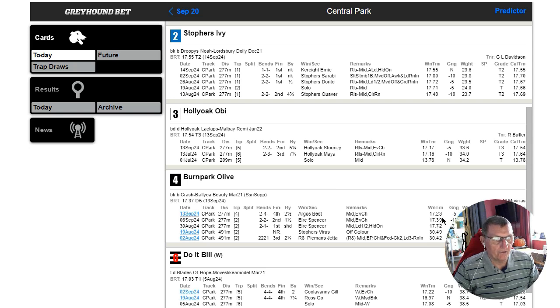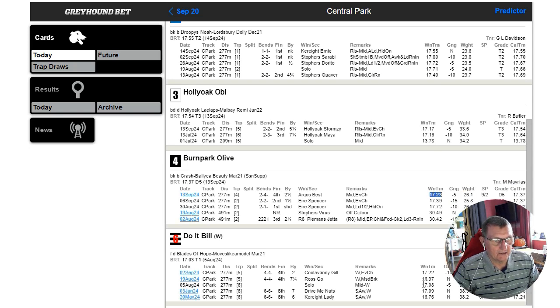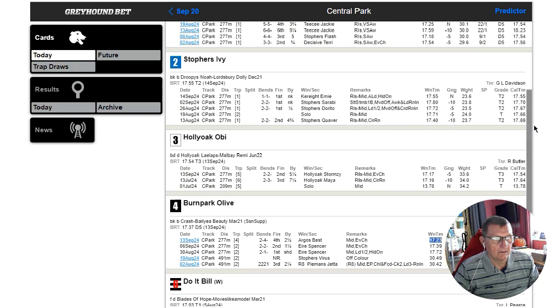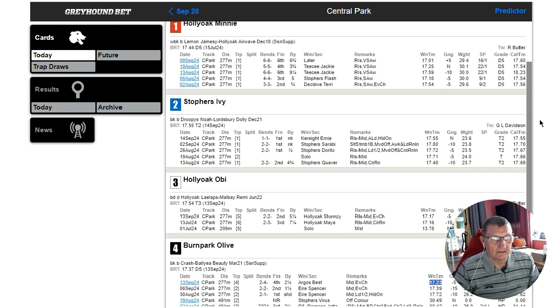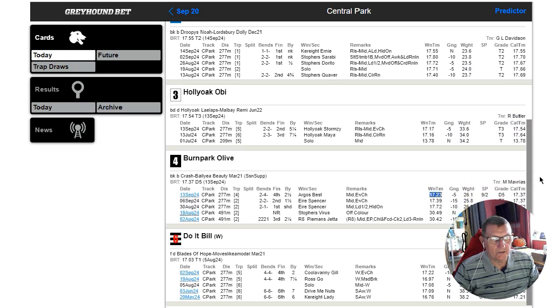So trap 4 in 277, the fastest it's run is 17:23. But in this particular race, there's 17:17, 17:22, 17:01. So trap 4, even if it was favourite, wouldn't be a selection for us.